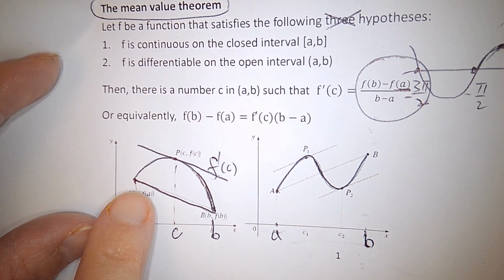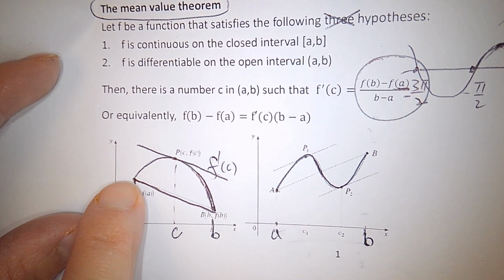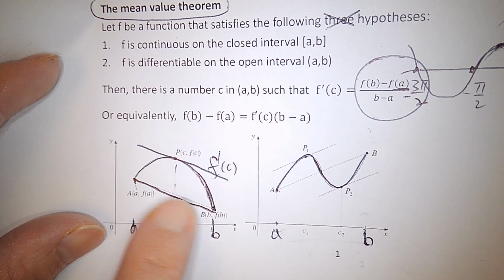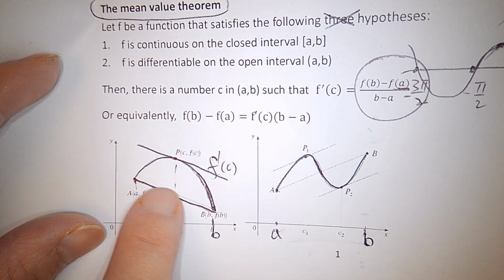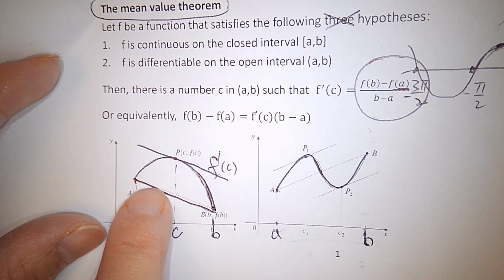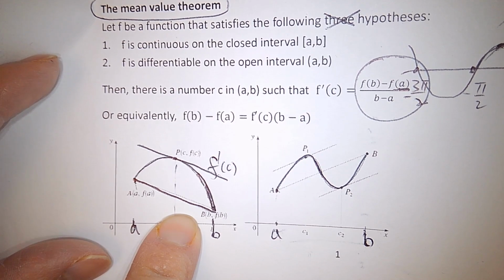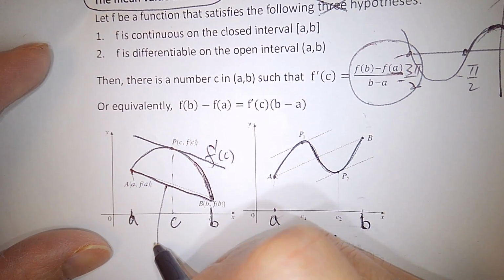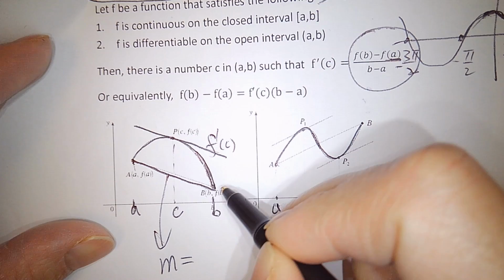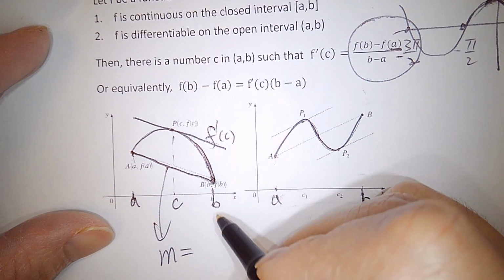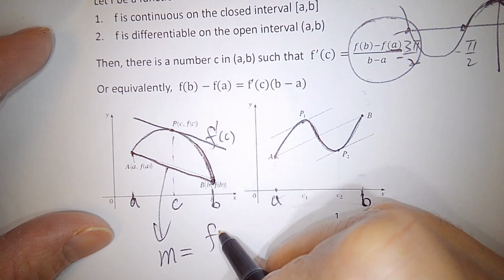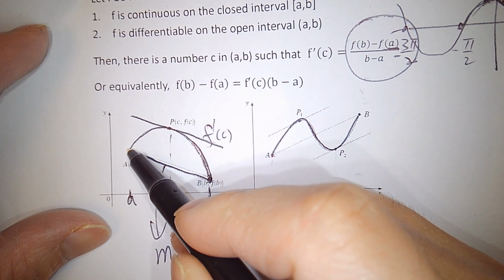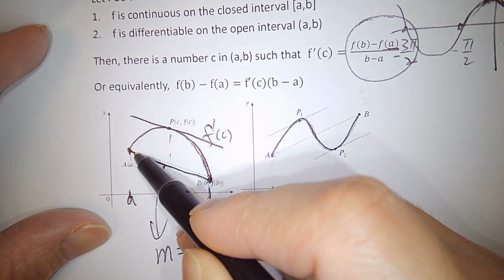Do you see? If I'm connecting this point and that point, we have a line segment. Do you see the line segment? What is the slope of this line segment? What is the definition for the slope of the line segment? For this endpoint, what is the y value? What is the y coordinate for this point?